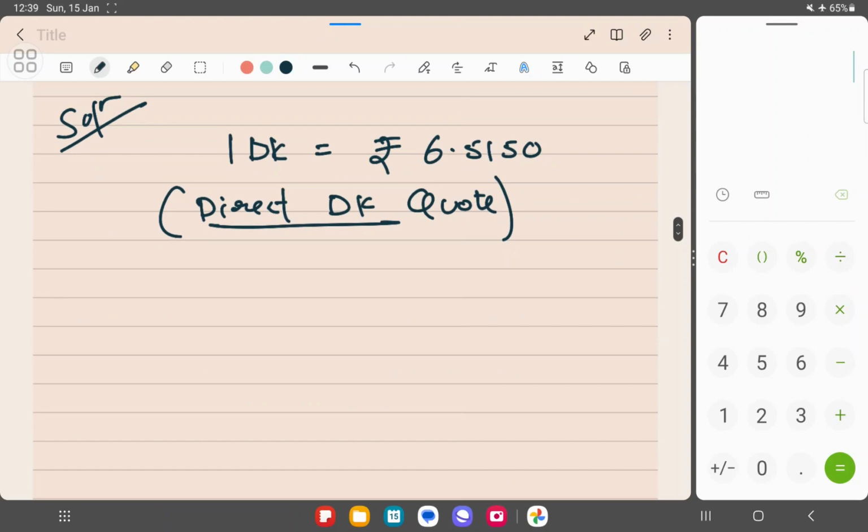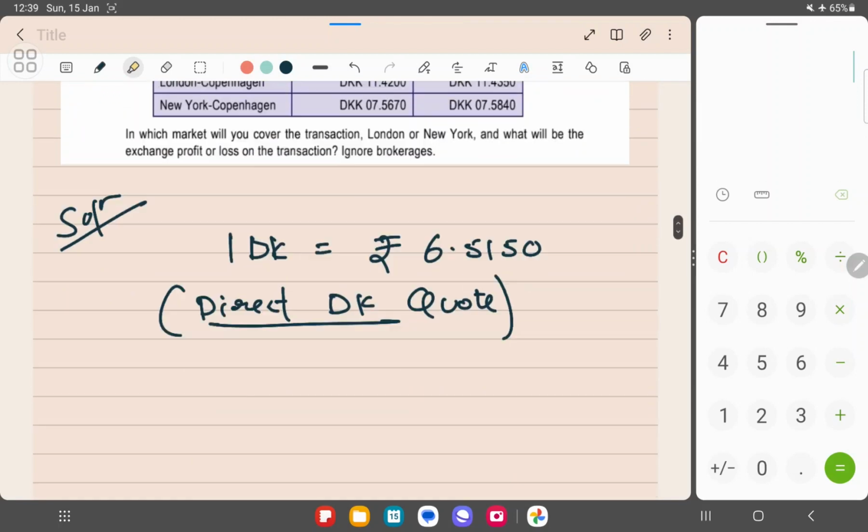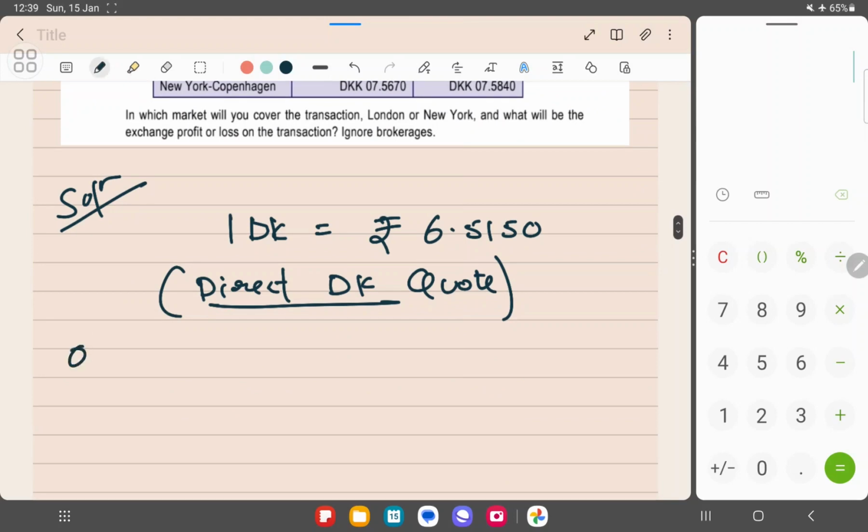So my original contract would be, and there are two currencies involved here. If you see the quote right here, 1 DK is equal to rupees 6.5150. So basically, in my original contract I, as a banker, have sold DK or, should I say, bought rupee. It's the same thing because two currencies are involved in this quote.